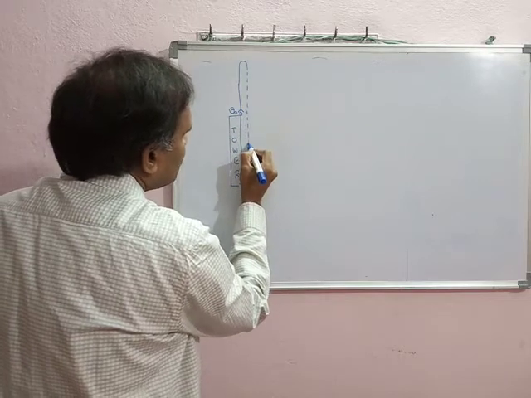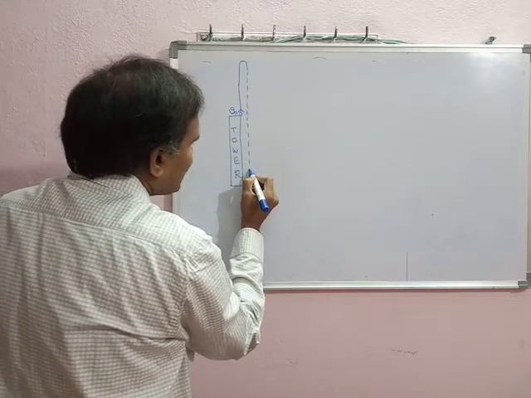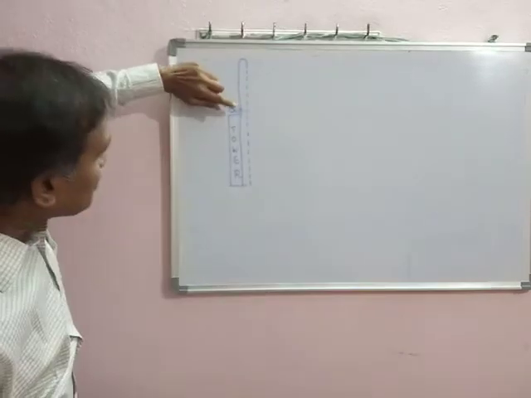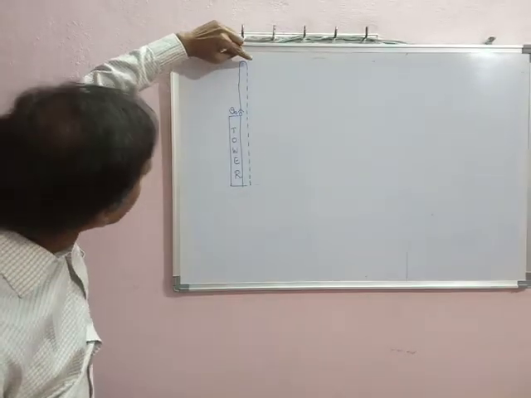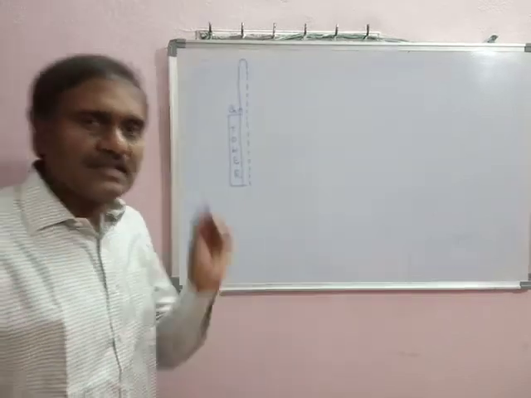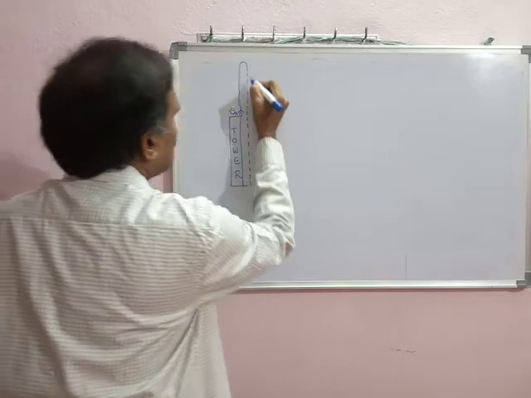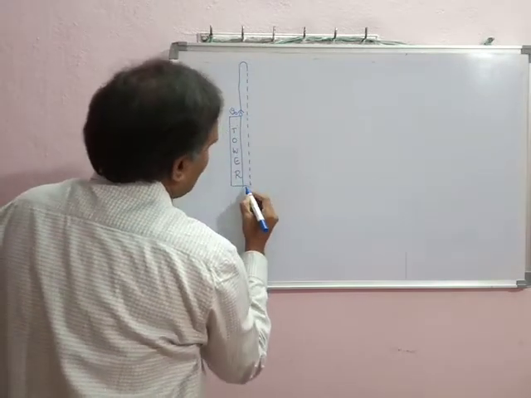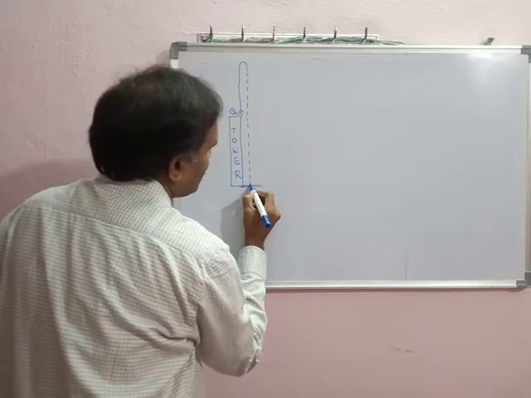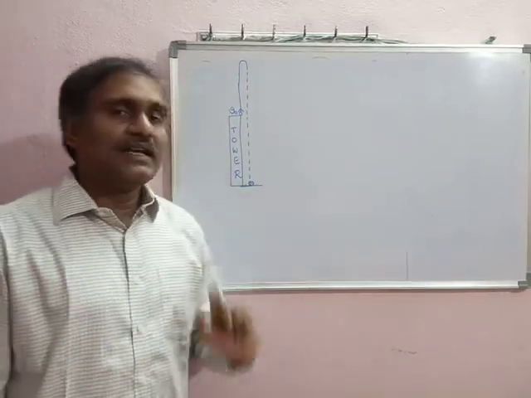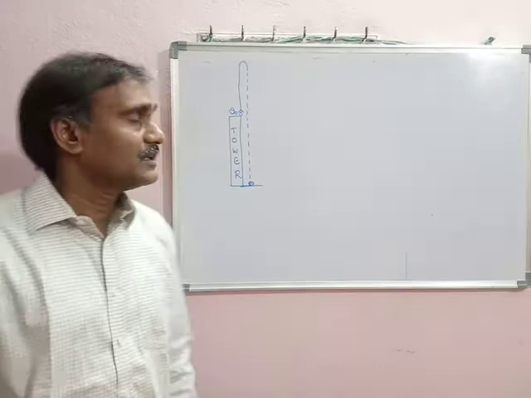I am assuming that the particle just deviates from its initial path. This is the initial path. Therefore, it follows this path and hits the ground nearer to the foot of the tower.